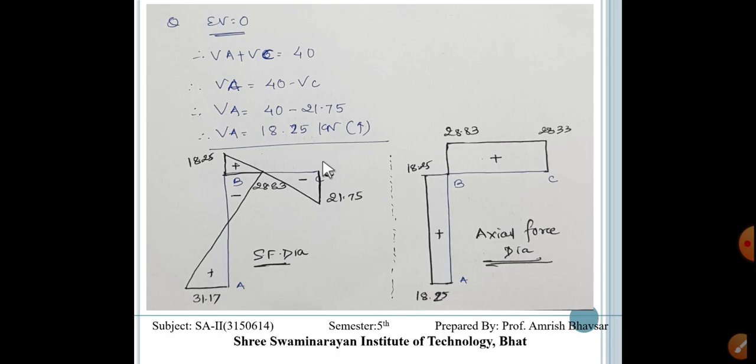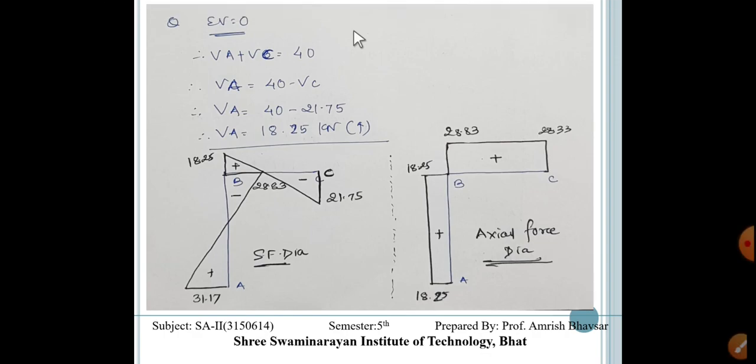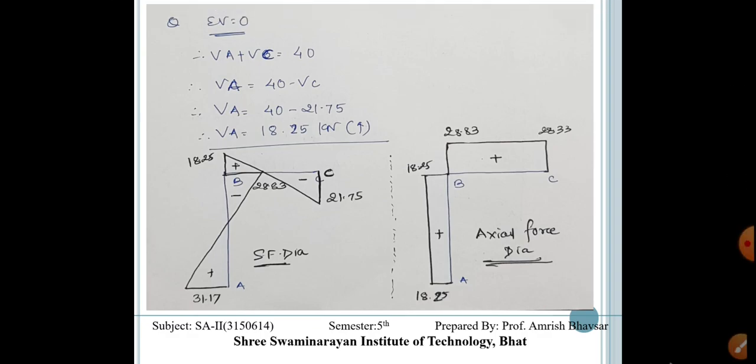So these are the calculations, and from this calculation we will get a clear idea about how to analyze the frame. In our next lecture we are going to analyze again a non-sway frame, but having a 3-span continuous frame. Here it is only a 2-span continuous frame. So we will get a clear idea about it.